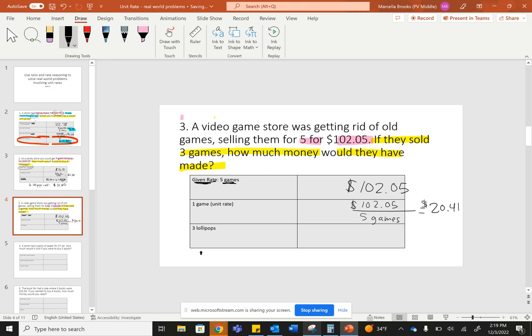Oh look, I should have changed this to games, not lollipops. So to find out how much 3 games will cost, I have to take how much one game will cost, which is $20.41, and then I multiply it by 3 to find out how much 3 games will cost.